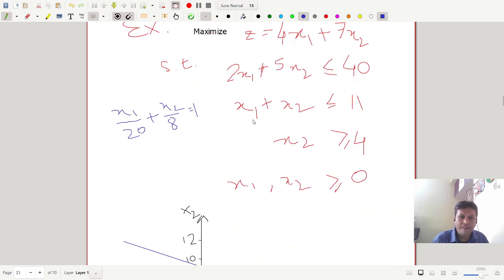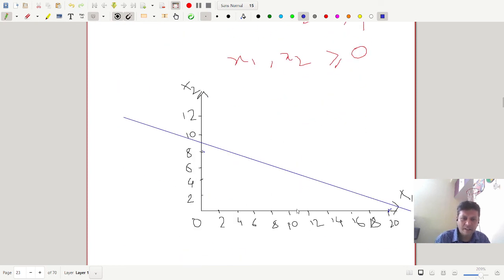And you have x1 plus x2 less than or equal to 11. So it will intersect the x1 axis at 11 and the x2 axis at 11. Let's take a different color. This is 11, and this is 11.